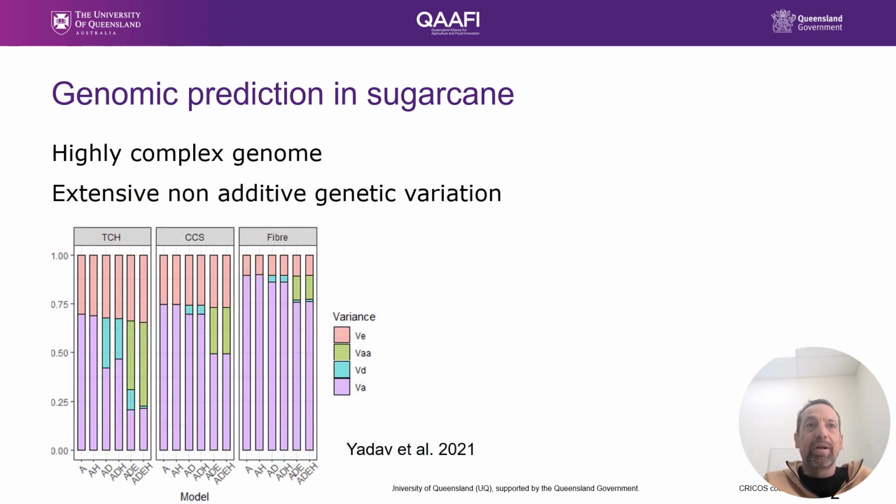It also has a lot of non-additive genetic variation for key traits. So TCH is total cane harvested, and VAA is the epistatic variation for this trait, and you can see it's quite large there with the green bar.